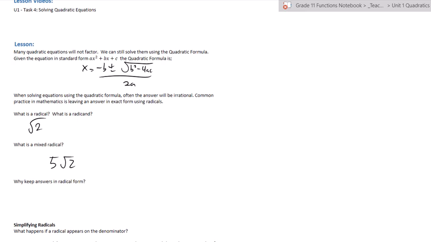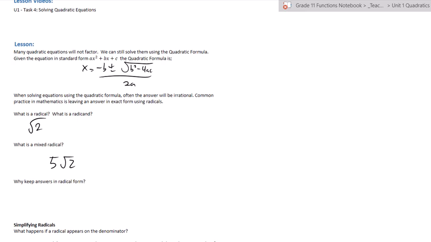Why keep answers in radical form? It all comes down to accuracy. Root 2 itself is an irrational decimal. It has no end. In real world applications, if you rounded root 2 and you were doing very fine-tuned mathematical calculations, like in medical science or architecture, you will then have error.